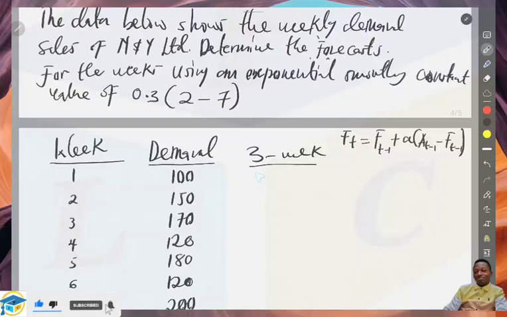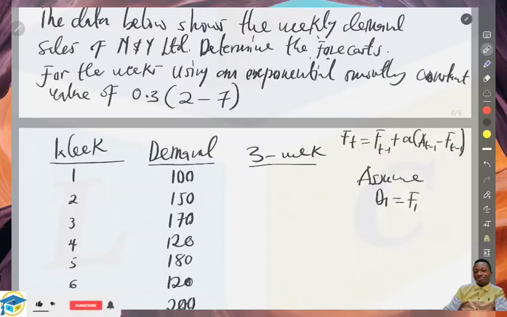Here, for us to forecast for week 1, we realize that we don't have any immediate past data to forecast from. In such a situation, we make the assumption that D1 should be equal to F1. That way, you let your actual demand for the sales be equal to the forecast for that week.